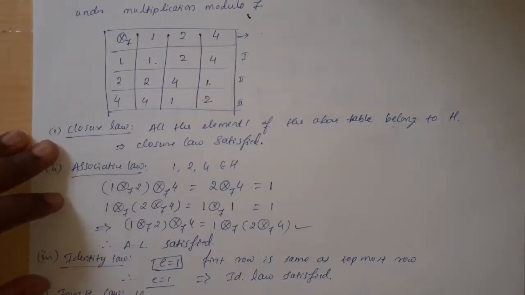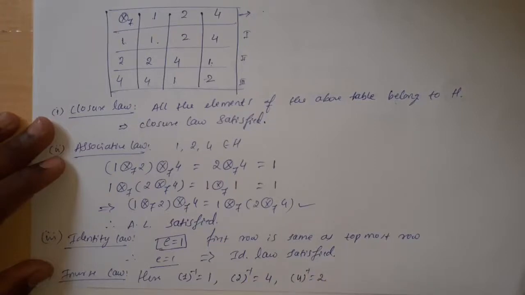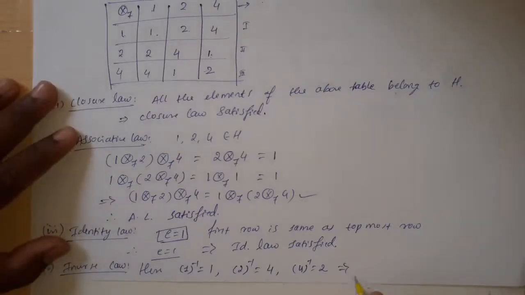So here, inverse of 1 is equal to 1, inverse of 2 is equal to 4 and inverse of 4 is equal to 2. So if all the elements have inverses, then it implies that inverse law is satisfied.